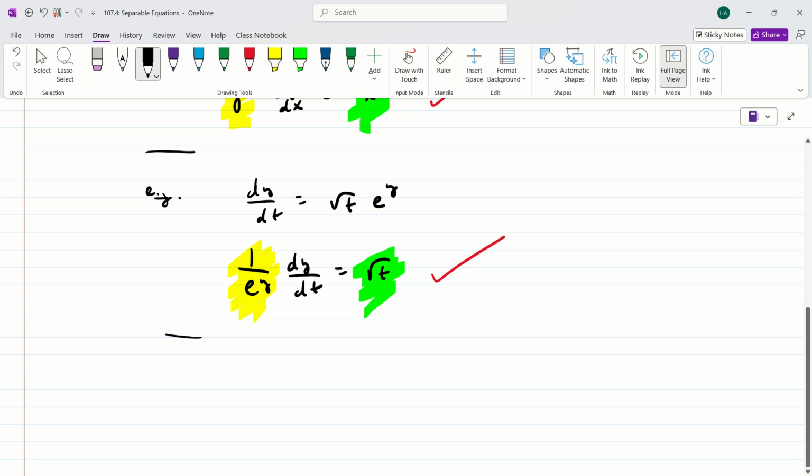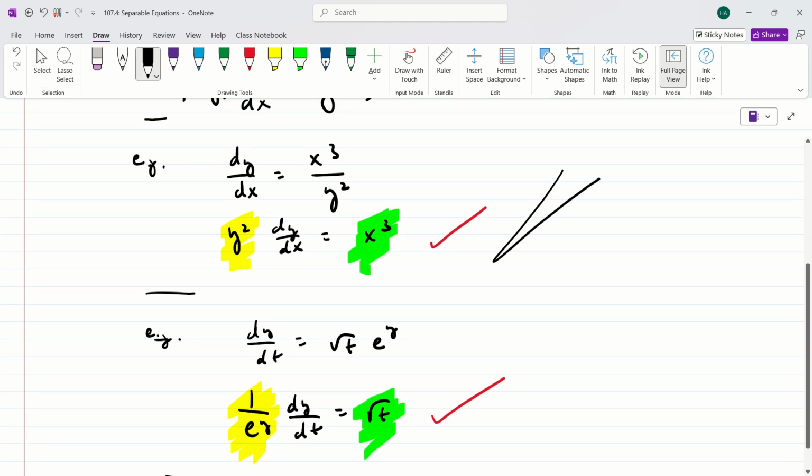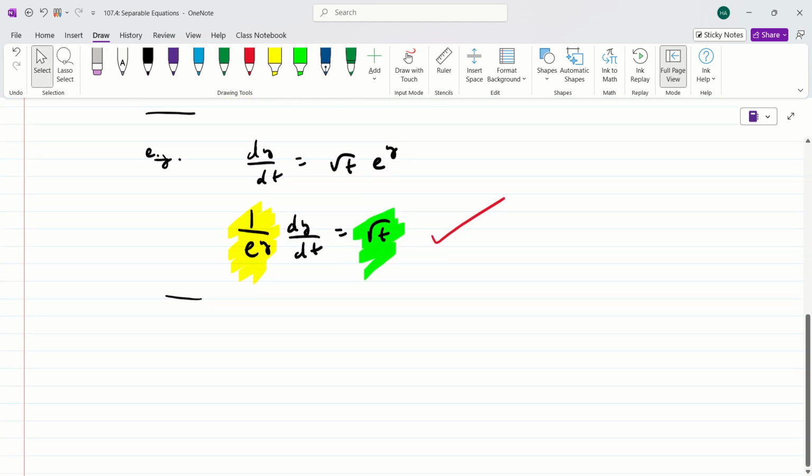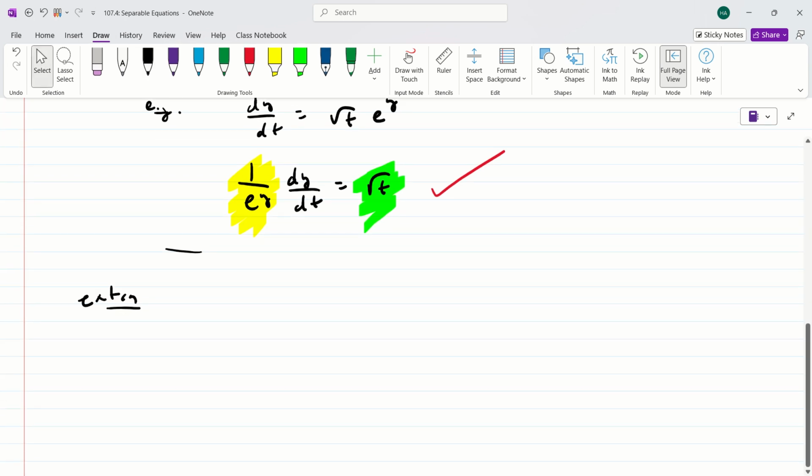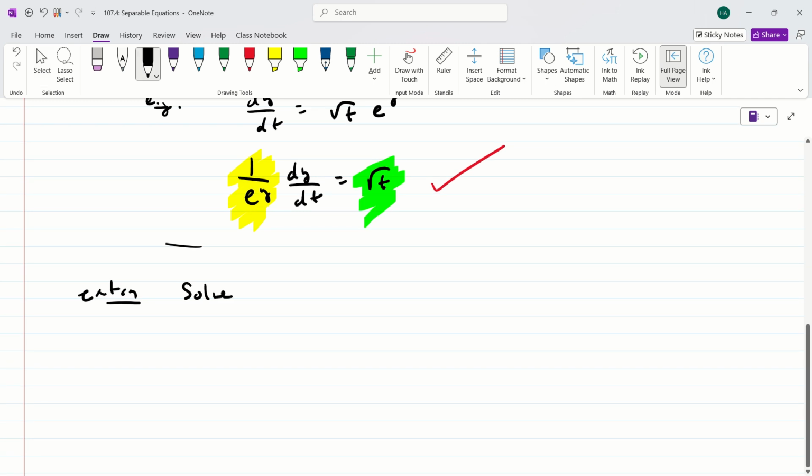So let's solve these separable differential equations. Let's take this example that we have here and solve the differential equation. So I'll introduce it as an extra problem, and here we're asked to solve the differential equation dy dx is equal to x cubed over y squared.